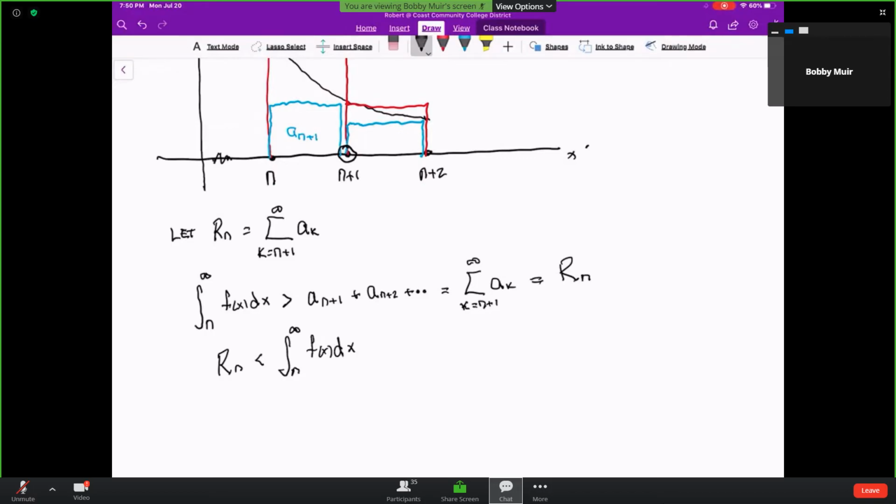Now he also has another side to this. He also says that the integral from n plus 1 to infinity of f of x dx is bigger than R_n.